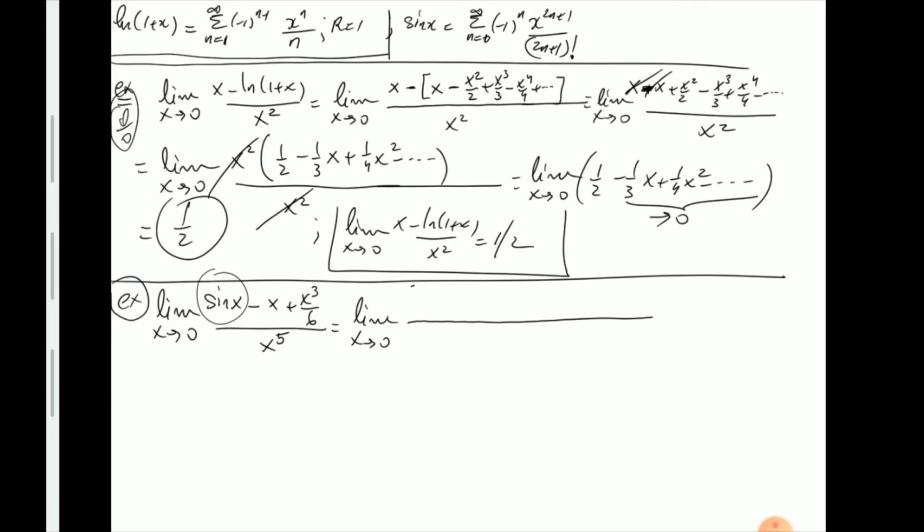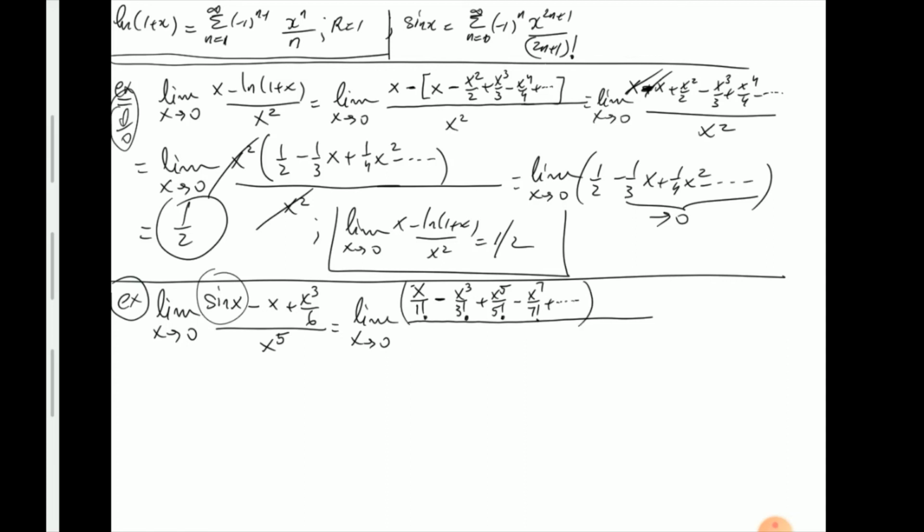So sine of x, the first term, minus 1 to the 0 is 1. So the first term is going to be x over 1 factorial, which is just x. Then it's going to be minus x third over 3 factorial plus x fifth over 5 factorial. And let's write another one, and that's it. Dot, dot, dot.